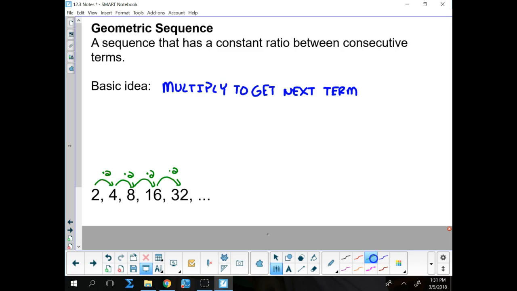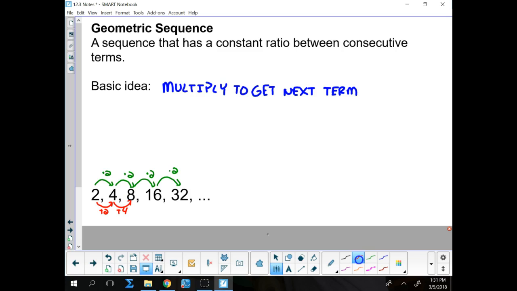If you're ever unsure, we can eliminate the fact that this is not arithmetic, because when I add 2 on this first one, I would add 2 to get this one, but then I'd have to add 4 to that next one. So arithmetic is automatically ruled out just with a quick finding the difference between a couple of terms. Okay?